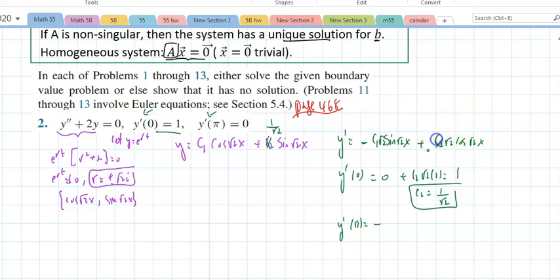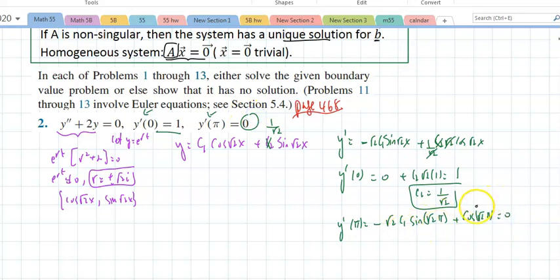If c sub 2 is 1 over radical 2, do you see that those cancel out? y prime of pi is going to equal negative radical 2 c sub 1 the sine of radical 2 pi, plus the cosine of radical 2 pi. And that should equal 0.